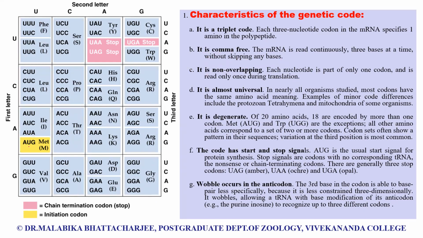And there are stop signals. You can see there are 3 stop signals in the genetic code: UAA, UAG, and UGA. UAA is referred to as ochre, UAG is referred to as amber, UGA is referred to as opal. So these are the stop codons.